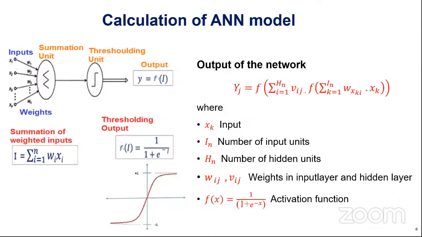We can see that the output of the network model depends on the number of input units in the input layer, the number of hidden units in the hidden layer, and the activation function. At the beginning of the training process, weights are selected randomly, and we should decide the most suitable weights at the end of the training.